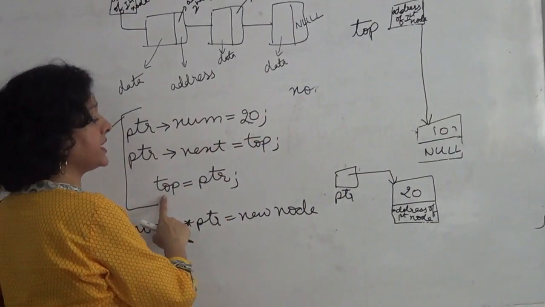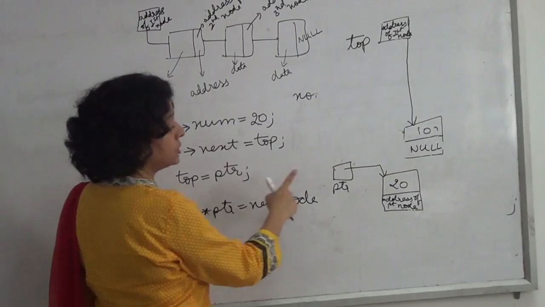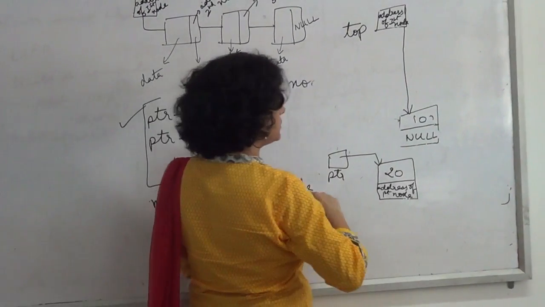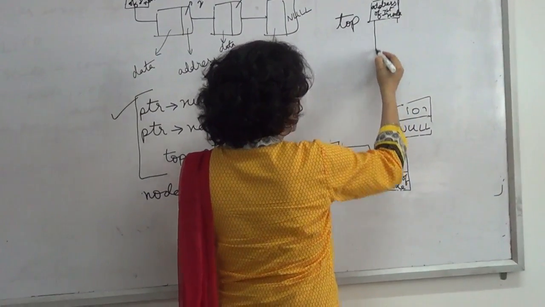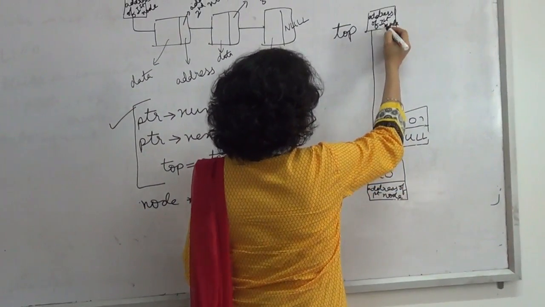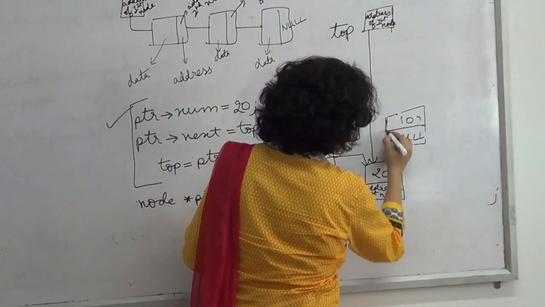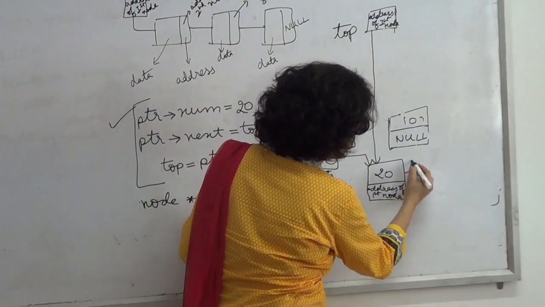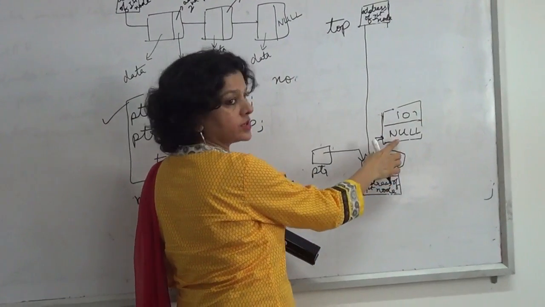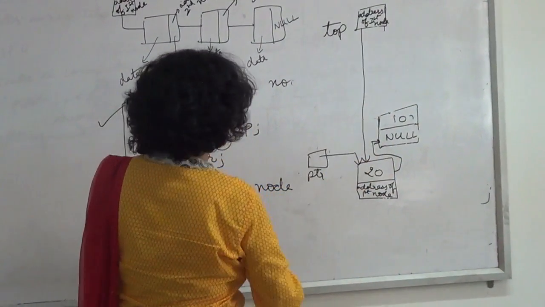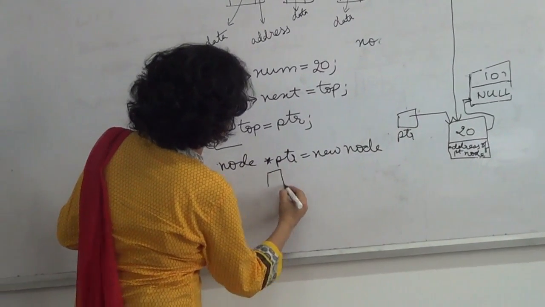Now when I say top is equal to ptr, now top will point to this node. It means this relation will no longer exist and now my top will point to this node. And this node is pointing to this node because it is containing the address of this node. So in the memory it will appear like this.